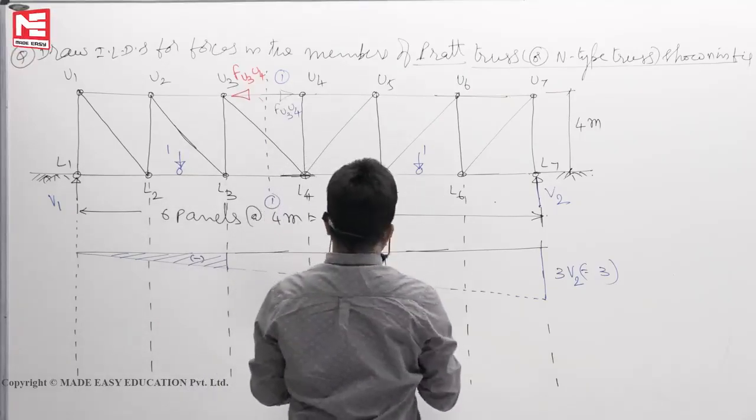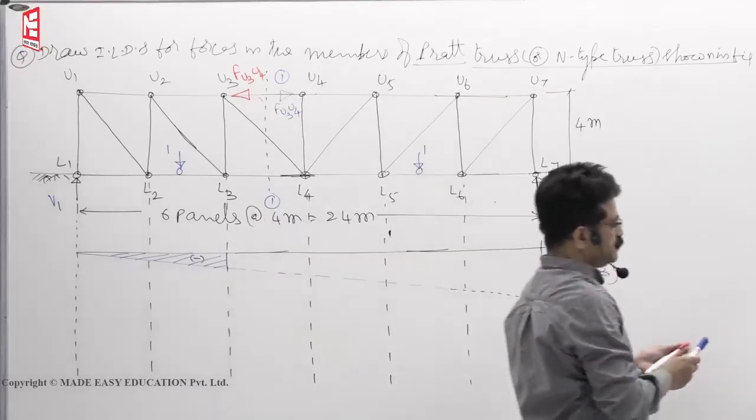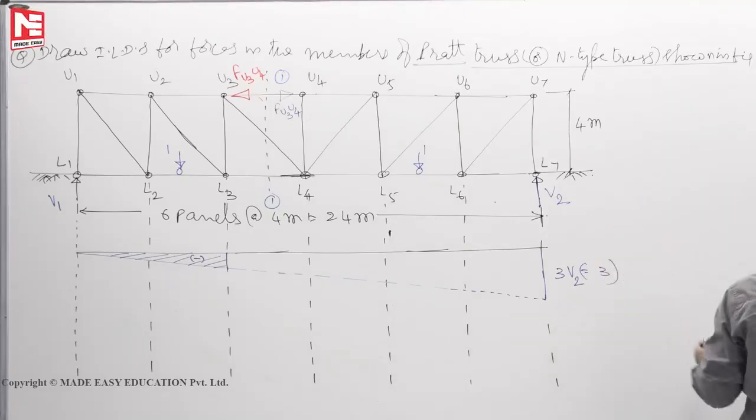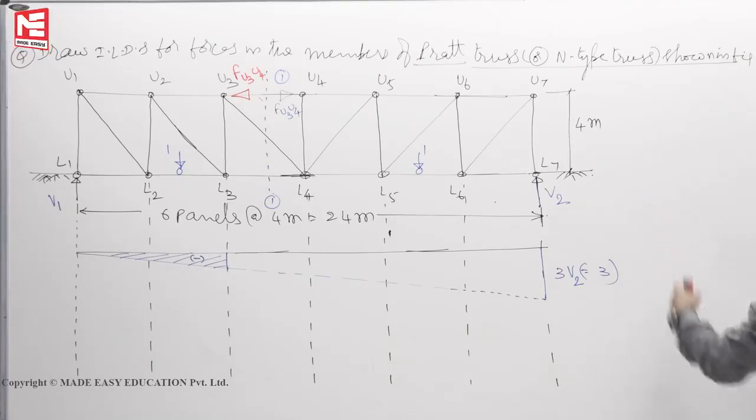So, compressive force again arrow mark. So, when I take this one, sigma M L4 is equal to 0, plus V1 into 12 minus FU3 U4 into 4 is equal to 0. So, FU3 U4 you will get 3V1 compression.